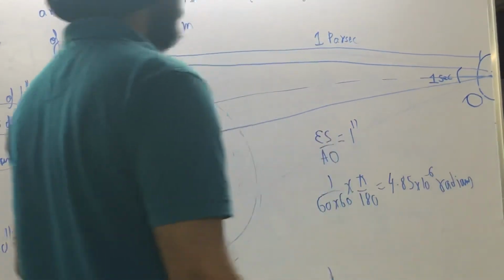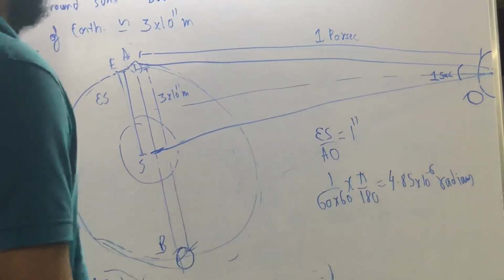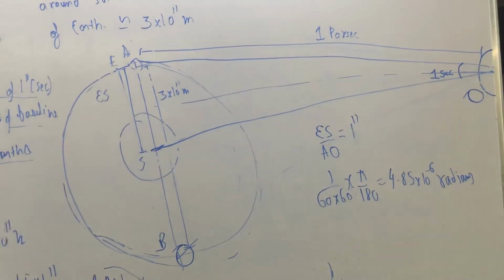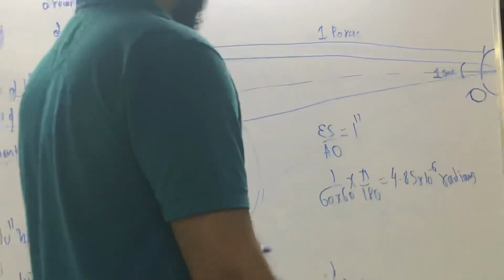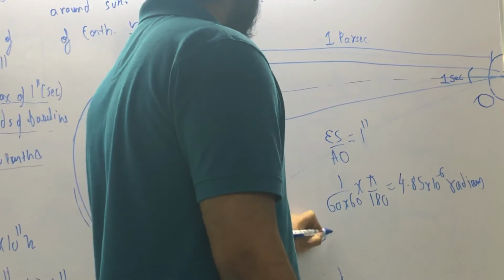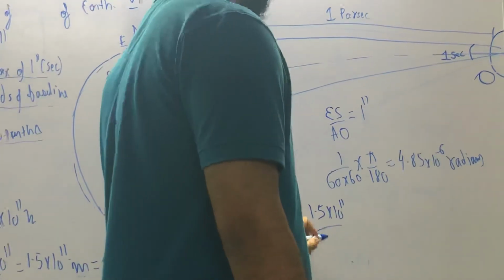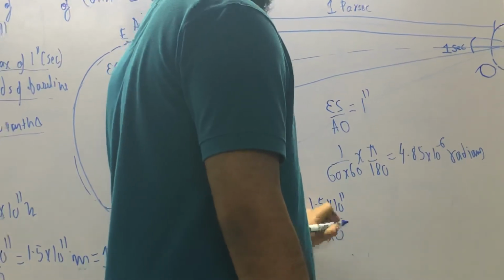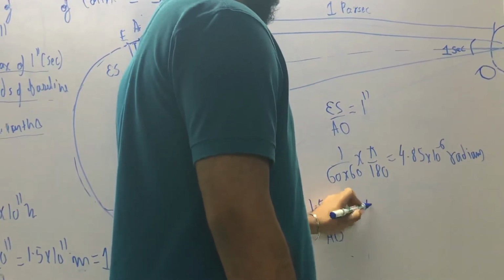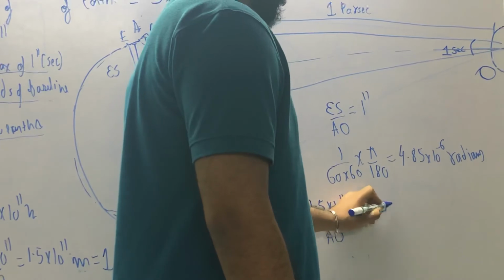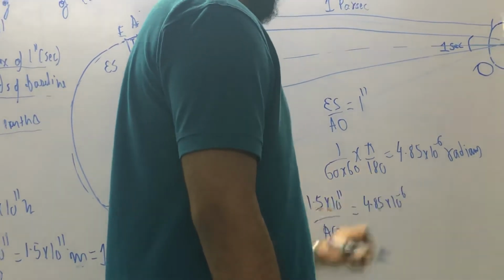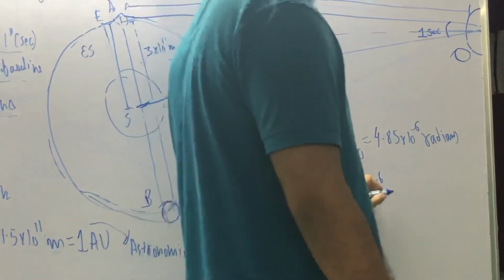Now you have found out this value. Now in this equation, what else do you know? You know the value of ES. ES is 1.5 into 10 raised to the power 11. So 1.5 into 10 raised to the power 11 divided by AO is equal to 4.85 into 10 raised to the power minus 6. Just solve this.